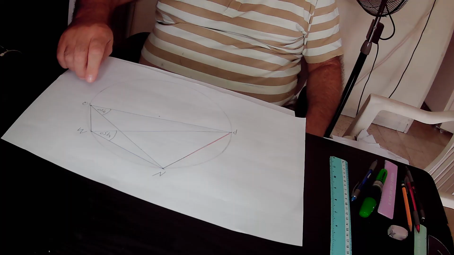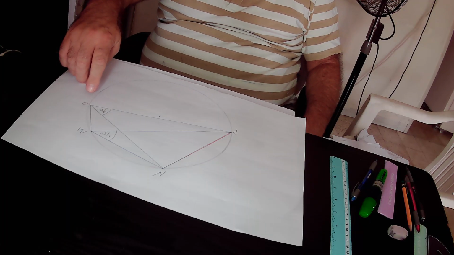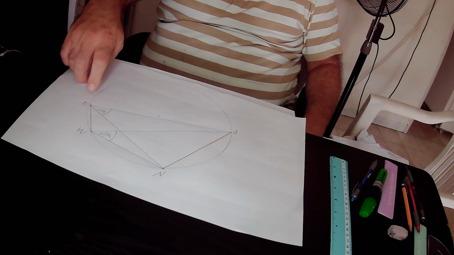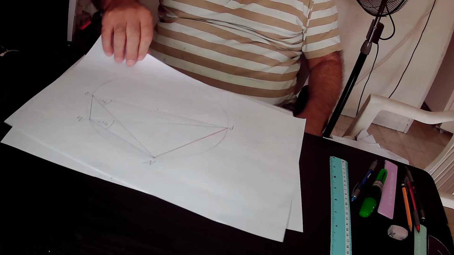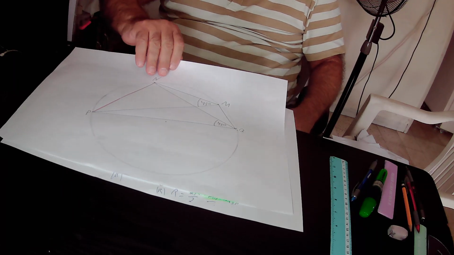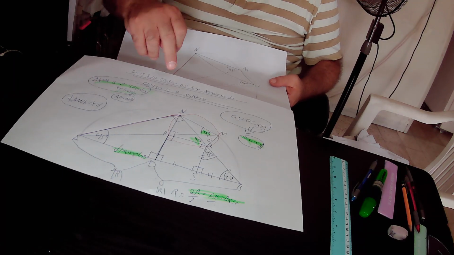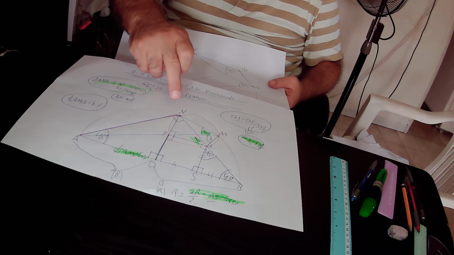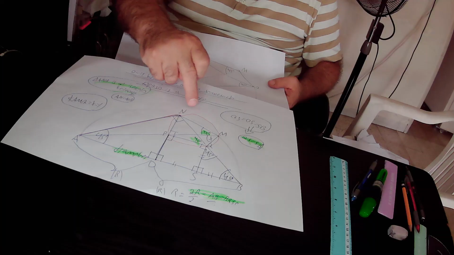So, in the next step, I join points M and Q together by a straight line. In this way, we created quadrilateral NMQP. This is like the quadrilateral from the original drawing.